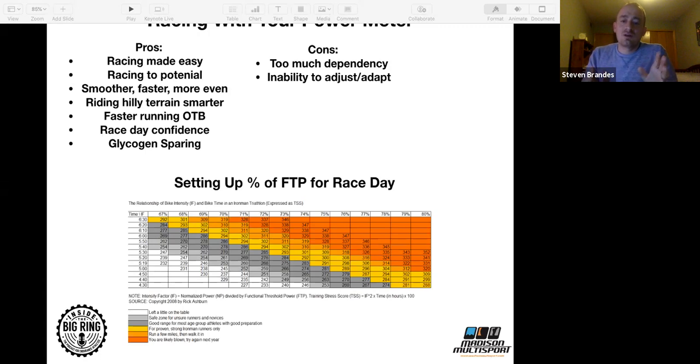And this chart, if there's one chart in triathlon that has stuck around as probably the most accurate chart for setting up percentages of FTP for time, it's this chart. And I like how it says in there, right? The dark orange says that if you're in this number, you're likely blown, try again next year.